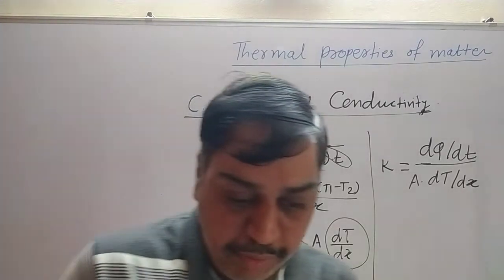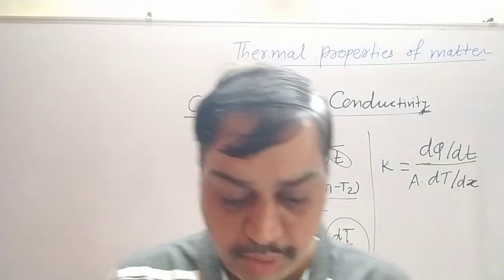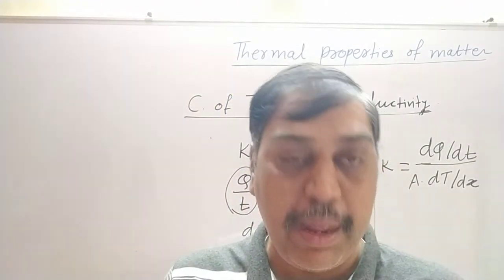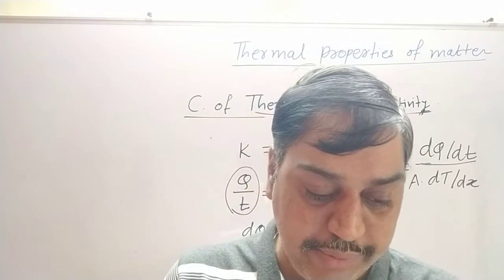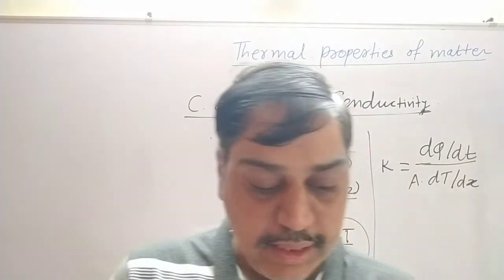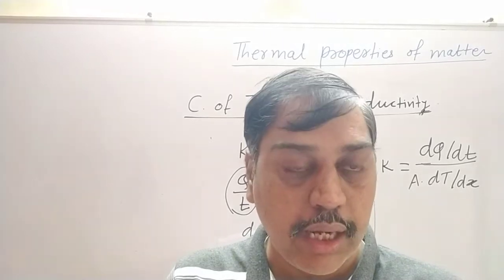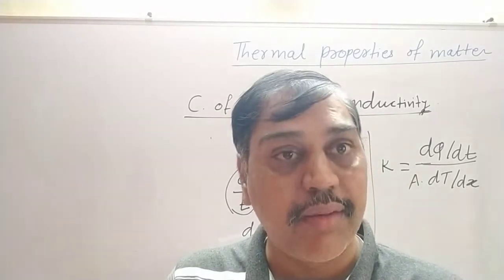Now, before going into detail further, one point you must remember. In the first paragraph after the thermal conductivity heading, they have mentioned that good conductors of heat have higher thermal conductivity.